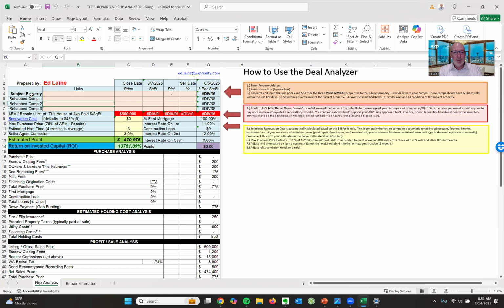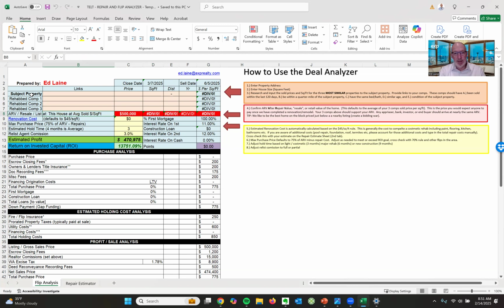So this is comp number one that was rehabbed and it sold for X, right? This helps you work through and determine what you think the ARV should be if you do the work that you're considering.